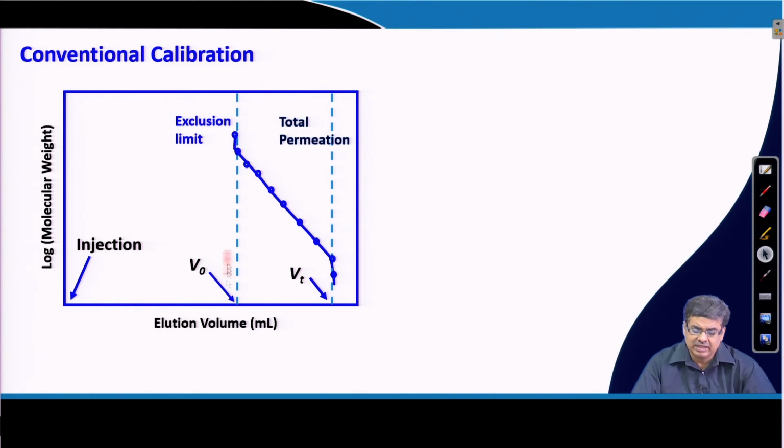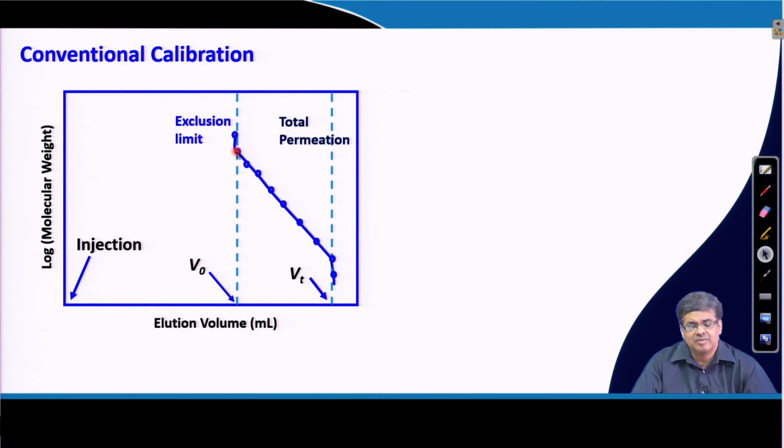This corresponds to V being V0, which is the available volume outside pores. So, if the size of the polymer molecule is large, it will not enter, and the elution volume will be equal to the volume available outside the pore.